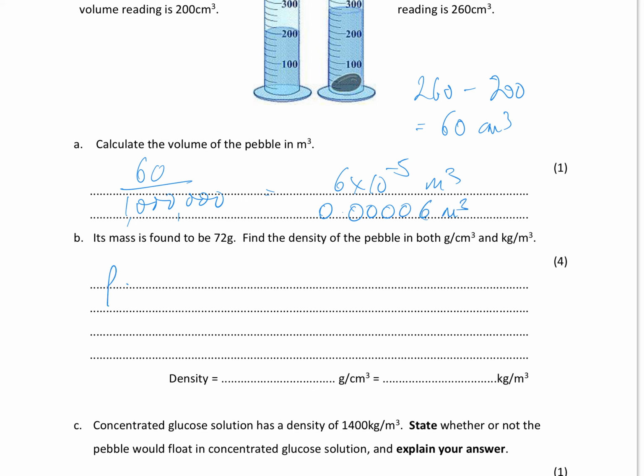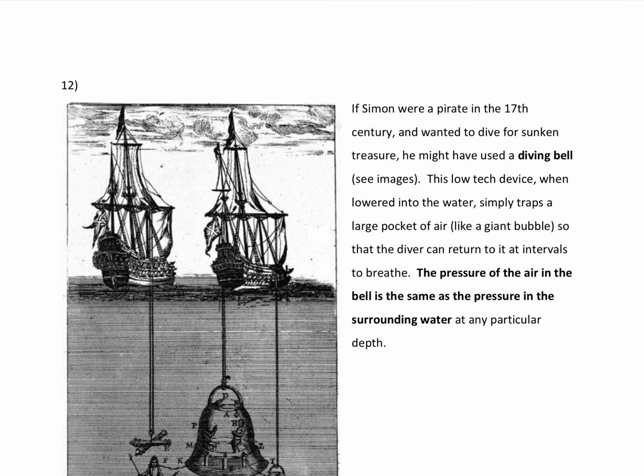Density equals mass over volume. In the case of the grams, it's 72 over 60, which is 1.2 grams per centimetre cubed. That will be 1,000 times greater. Splendid.